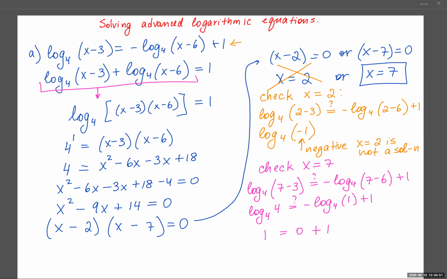Let's try it again. Negative log base 2 of (x minus 4) equals 3 minus log base 2 of (x plus 3). Okay, we need to put both logs on one side.